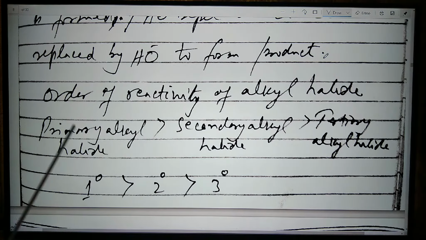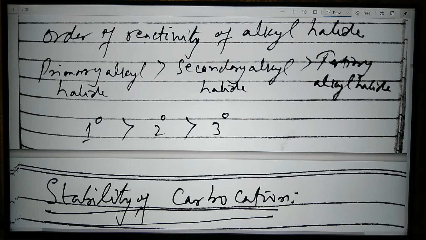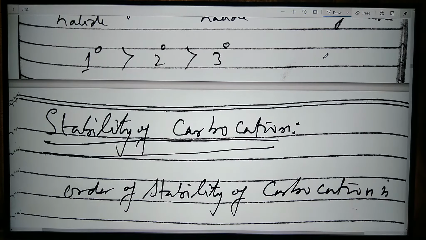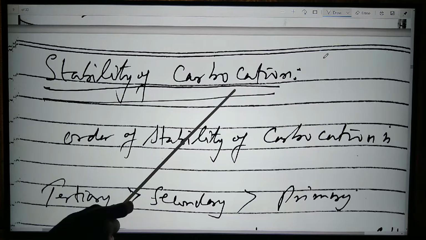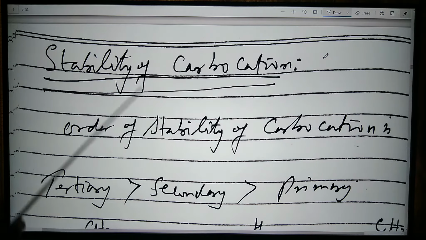So basically this is the difference between SN1 and SN2. Now we can explain the stability of carbocation. We have seen that in SN1, the tertiary is more reactive, whereas in SN2, the primary is more reactive.